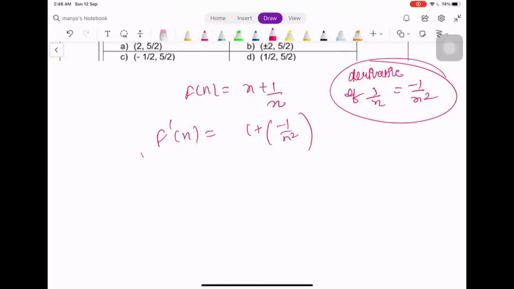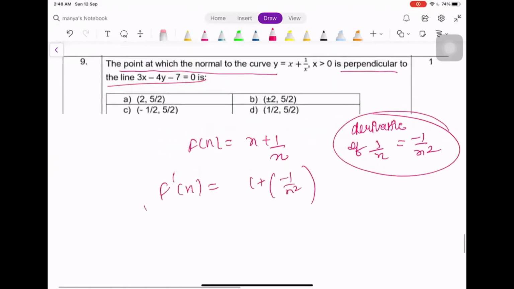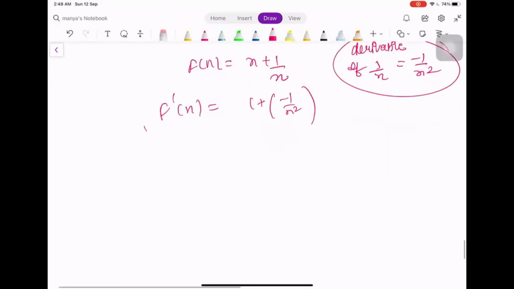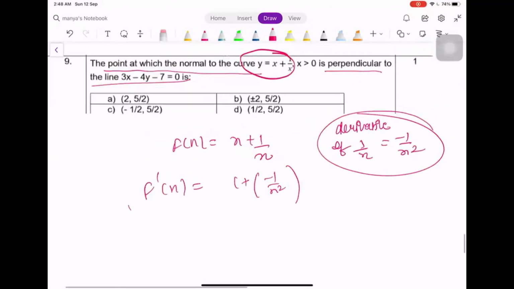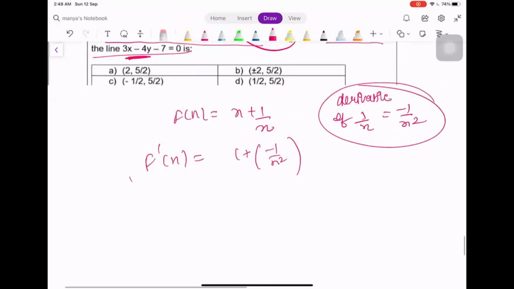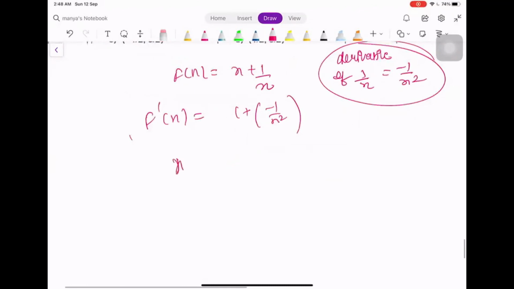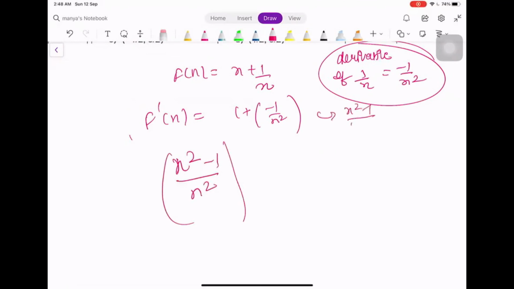Okay. So the normal is perpendicular to this curve. The point at which the normal is perpendicular to this line. So the normal, the slope we have here is x square minus 1 upon x square. I have just solved it and written x square minus 1 upon x square into 3 by 4 should be equal to minus 1.